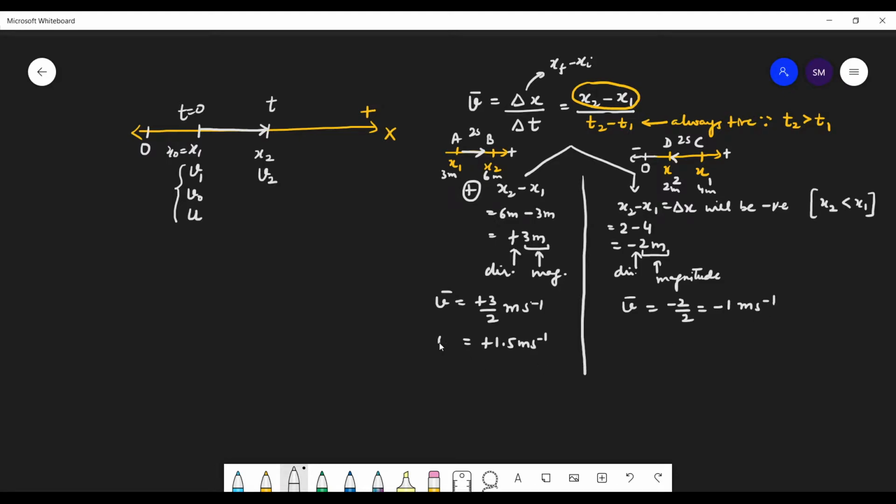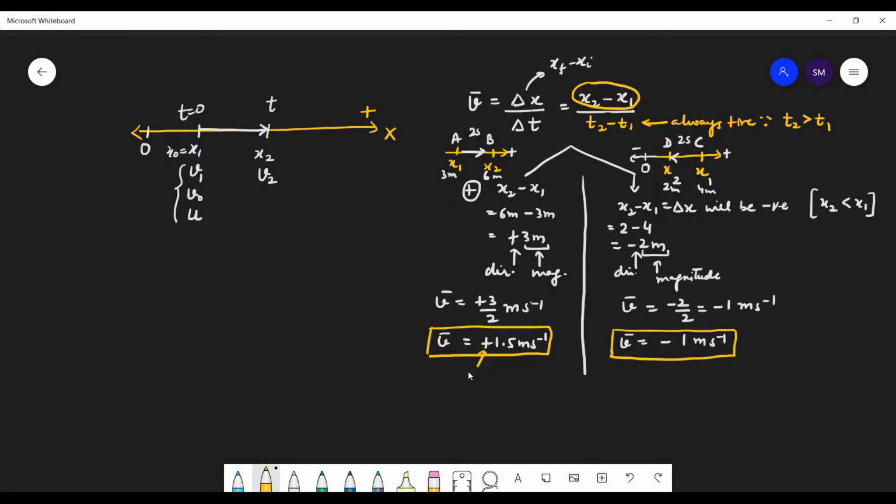Absolutely right. So the point here is that here I am getting this positive velocity, and here I am getting this average velocity as negative. So see what this information is telling me.